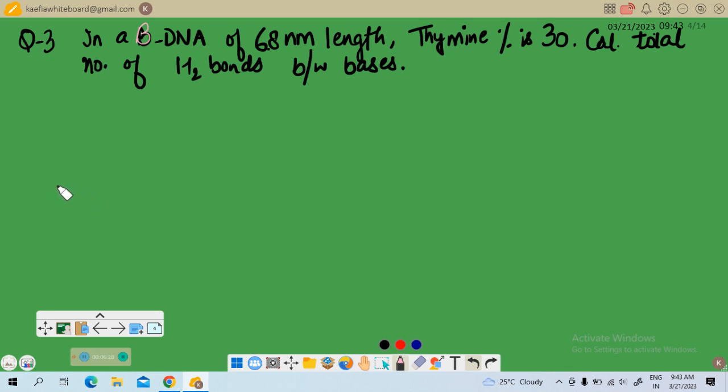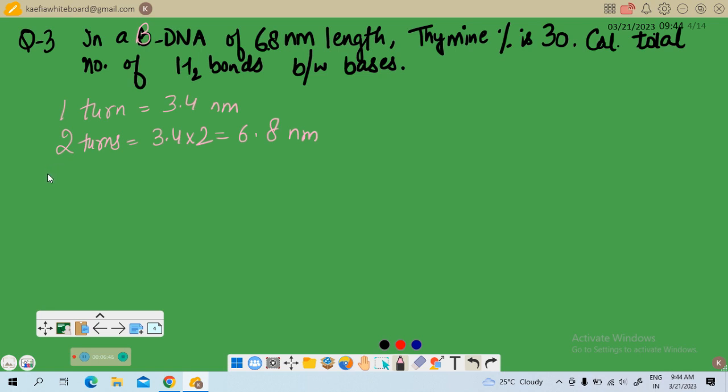Now we need to see this 6.8. One turn is equal to 3.4 nanometer. So 2 turns will be equal to 3.4 into 2, that is 6.8 nanometer. So that means here 2 turns are involved.